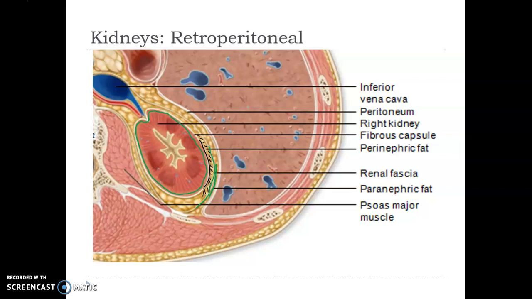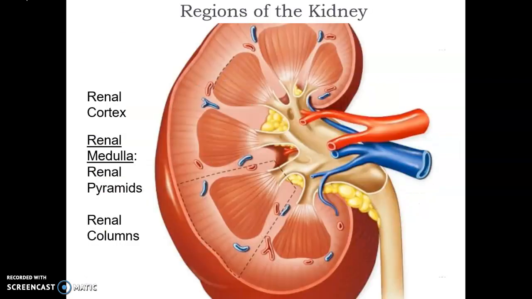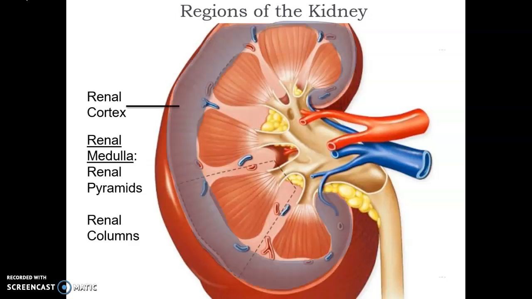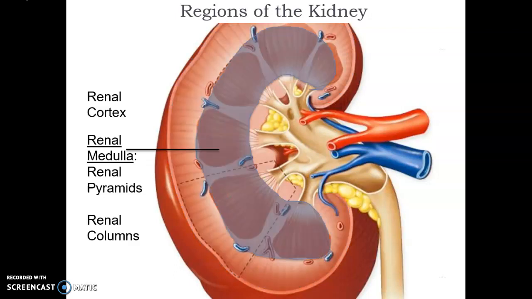surface of the kidney. So now we are actually looking at a coronal section of the kidney, and there are a few structures that are very, very prominent. The most superficial region is called the renal cortex. Deep to that, this area right here is the renal medulla.